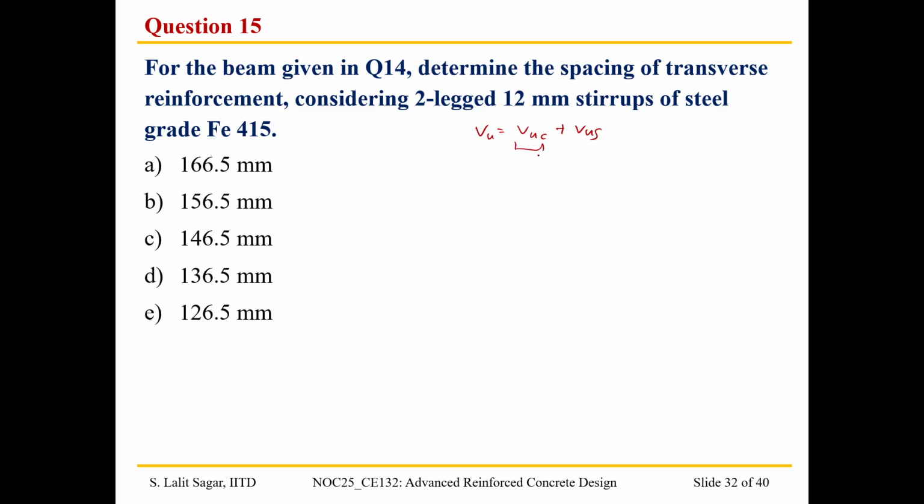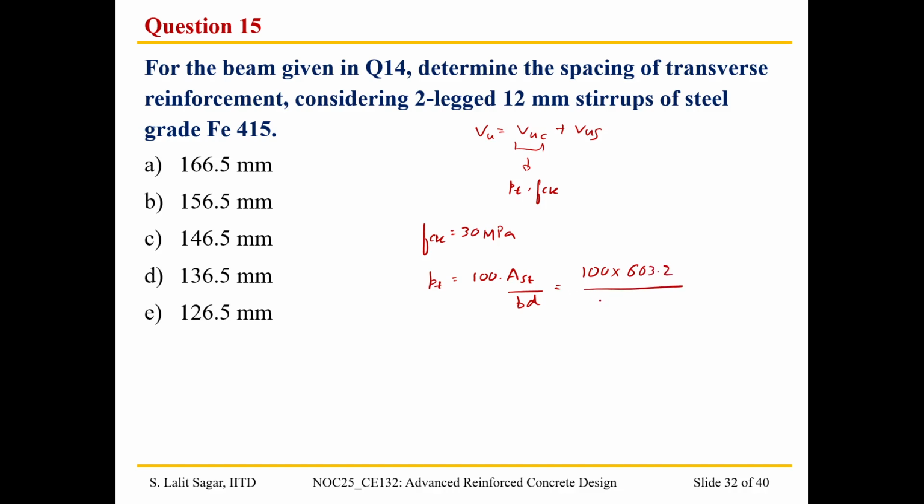Now Vuc we can find out using the value of Pt and Fck. So we know that Fck is 30 MPa and Pt is 100 into AST by BD, that is 100 into 603.2 divided by BD.